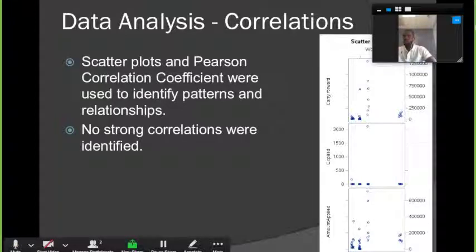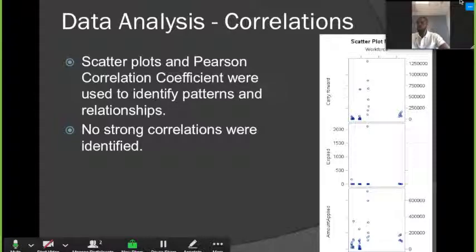In this example, we can see that the carry forward amount applied and workforce don't show by any means a strong correlation, as well as the remaining scatter plots that were shown. That was very consistent with all of the other job sectors as well.